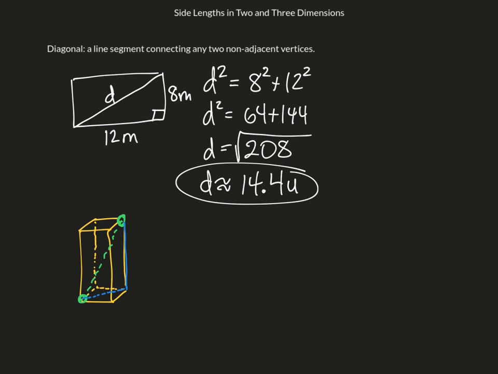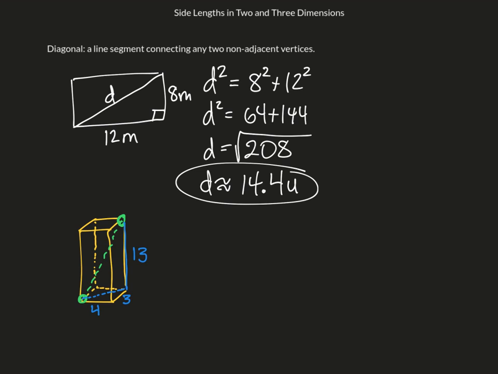So let's give this rectangular box, rectangular prism, some dimensions. How about the front will be 4, the depth will be 3, and this height, I don't know, that's looking pretty tall. Let's give it like 13.